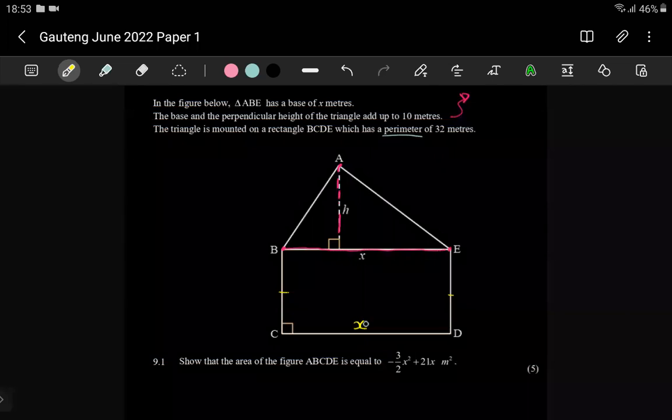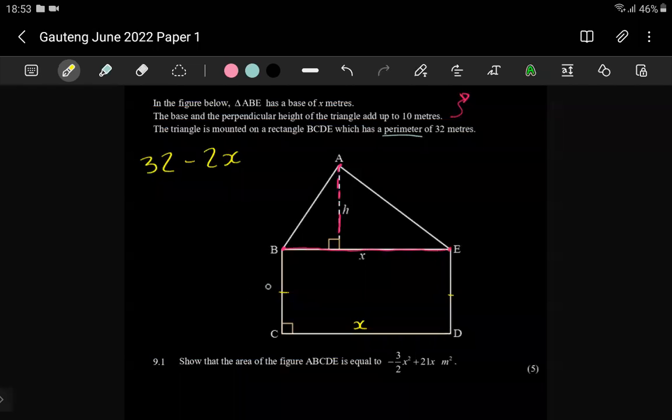We can do that because firstly, what we know is 32 meters, that's everything together. So if you take 32 and you minus X and you minus X again, whatever you have left is what BC and ED is. Or rather, you can put it this way, 32 minus 2X. If you take 32 and you remove 2X, what you're left with is these two put together.